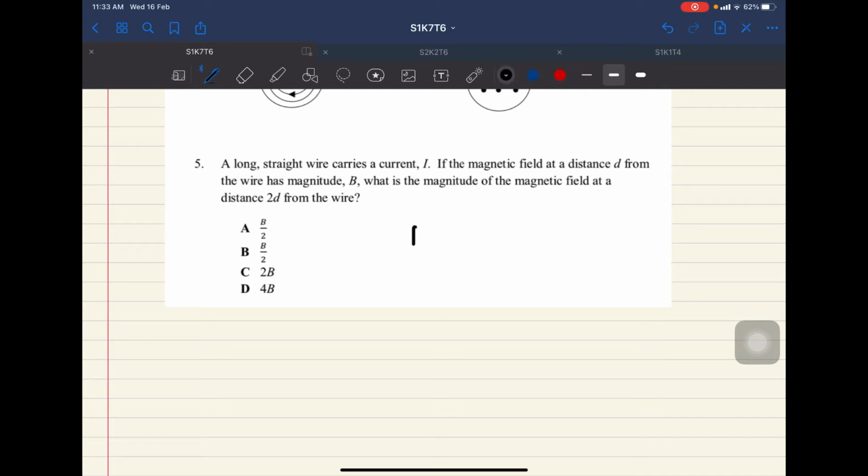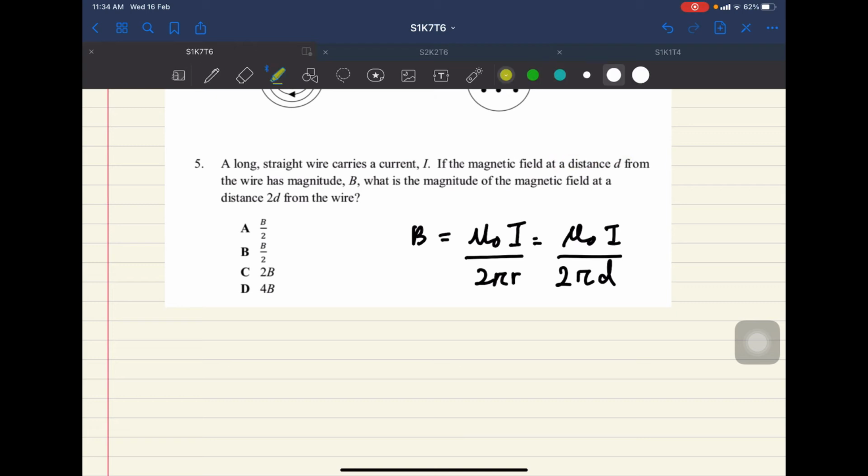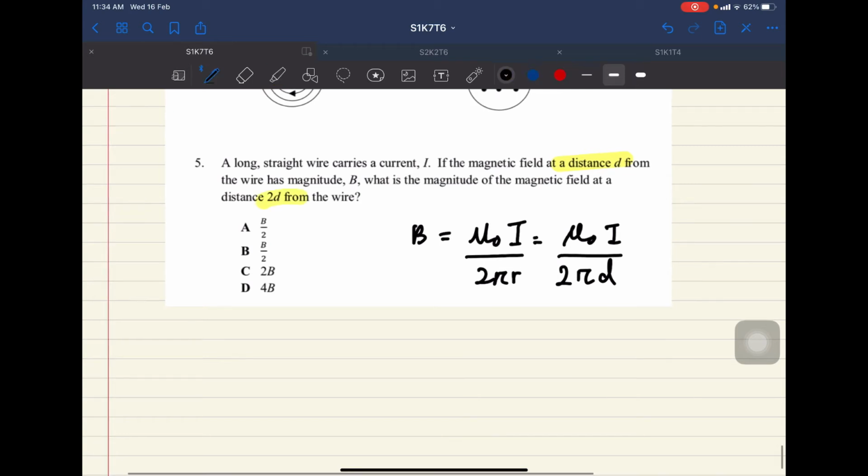Okay, you want to use the formula B equals mu naught I over 2 pi r. For the first part, it says that this one is 2 pi d, right? Distance d. And then the question wants to find what if the distance now becomes 2d. So the new B is mu naught I over 2 pi 2d.